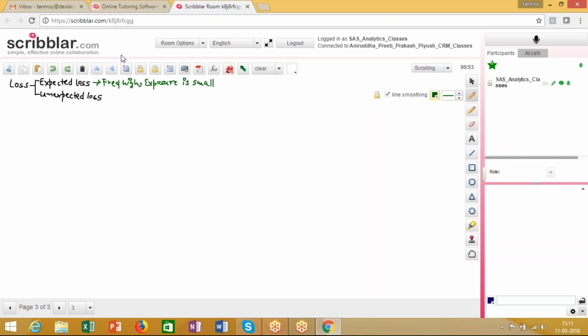And when we talk about credit risk modeling, we mostly try to manage this part of the loss modeling. So mostly we try to develop models for managing the expected loss. Losses which I expect to happen and which I am trying to predict.